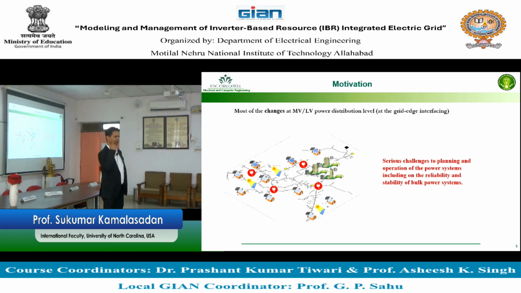One challenge associated with the grid edge, which we talked about yesterday, though we didn't call it the edge, is with respect to the power distribution system. Voltage starts going down from the substation. What happens to the voltage at the edge, the last point? It's the lowest, right? So this is a known challenge. If you have a photovoltaic on the rooftop and you are producing power, what happens to the voltage at that point?